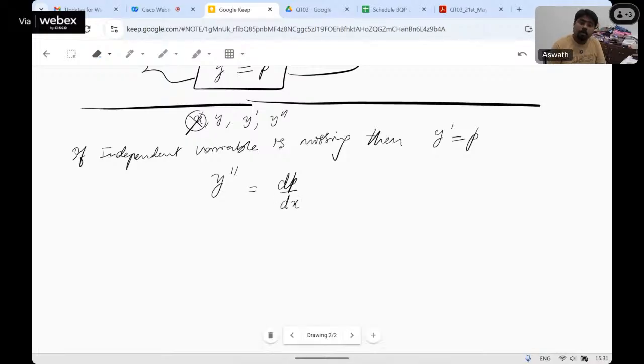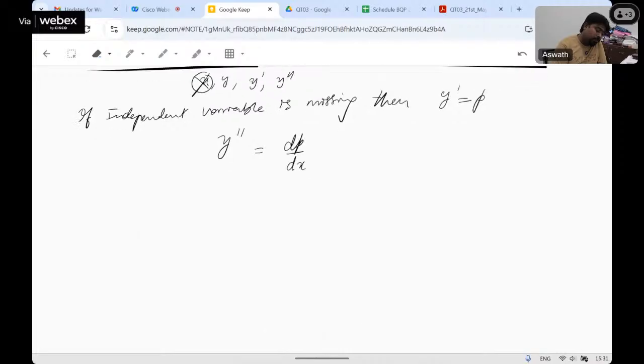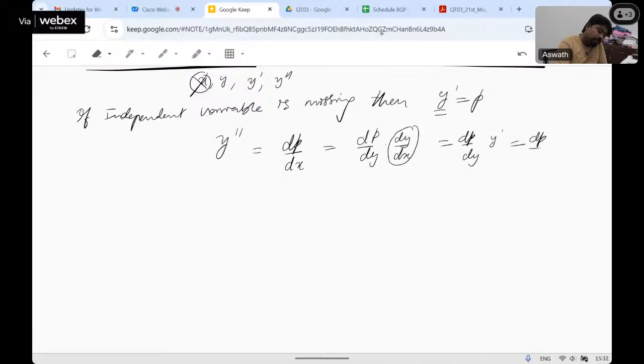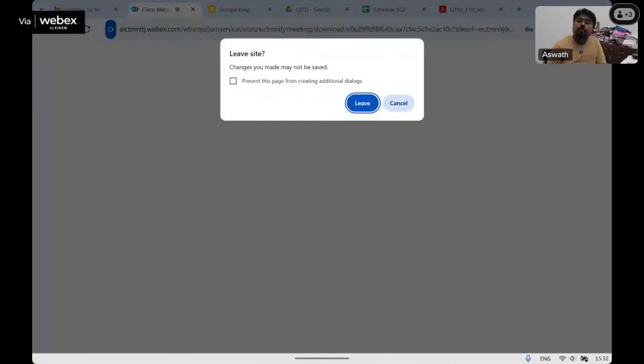One small trick we will play is, as we know, p is a function of y prime, meaning p may be a function of y also. So I'll have this equal to dp by dy times dy by dx. By the way, dy by dx is y prime, which is dp by dy into p.